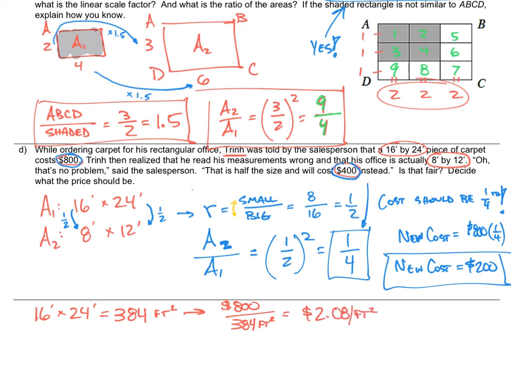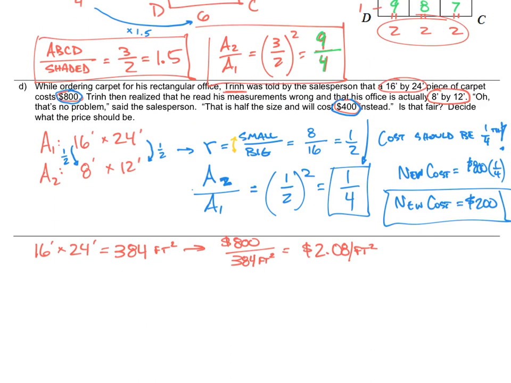Okay, so let's look at Trin's actual size. We need to look at those new dimensions. That was 8 feet by 12 feet. That gives us 96 square feet of carpet. So if we have 96 square feet and we multiply by $2.08 per square foot, the units work out: dollars per square foot times square feet, those units cancel and we're left with dollars.